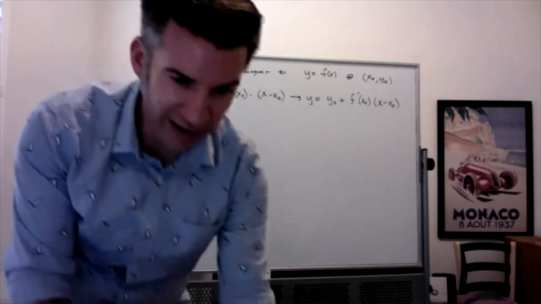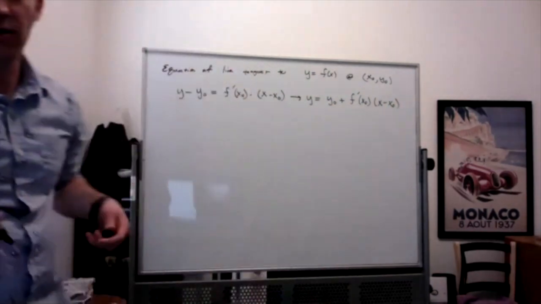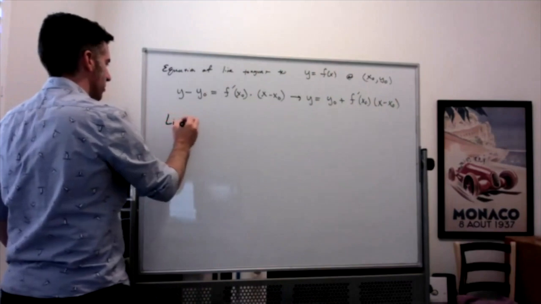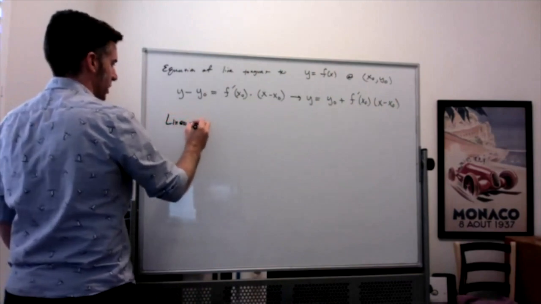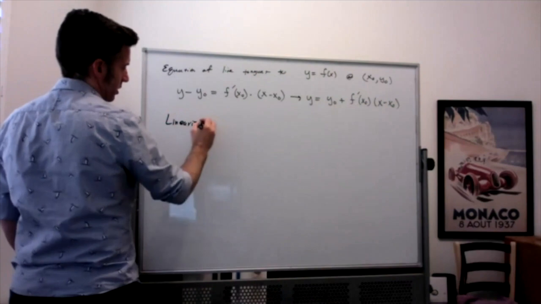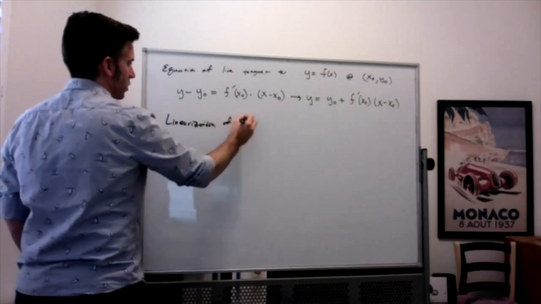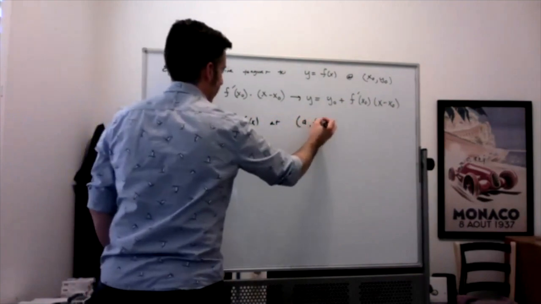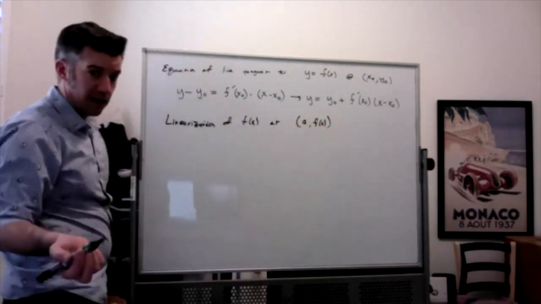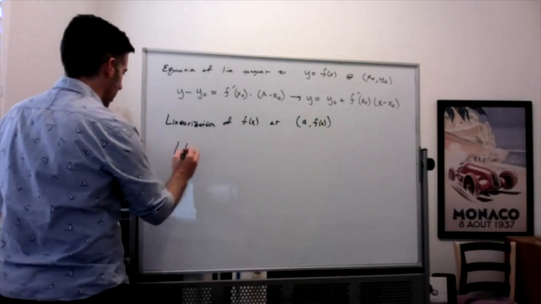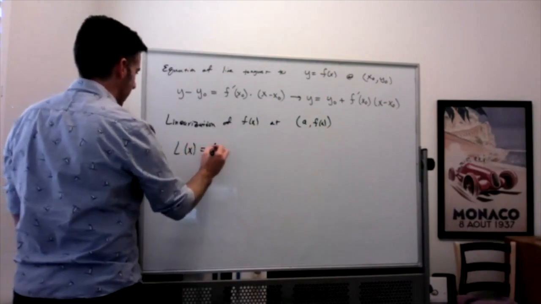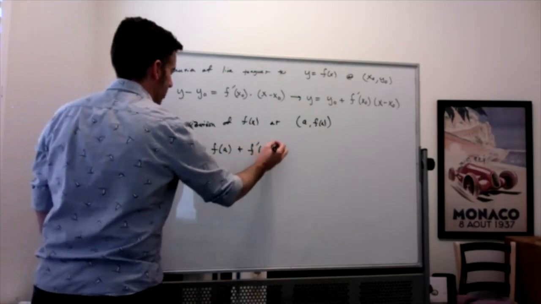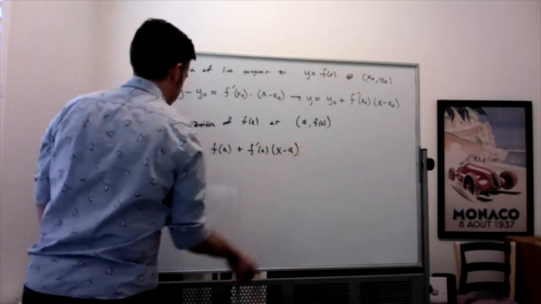And then you might remember there was also this linearization formula. The linearization of a function f of x at the point a comma f of a was given by the following equation: L of x equals f of a plus f prime of a times x minus a.